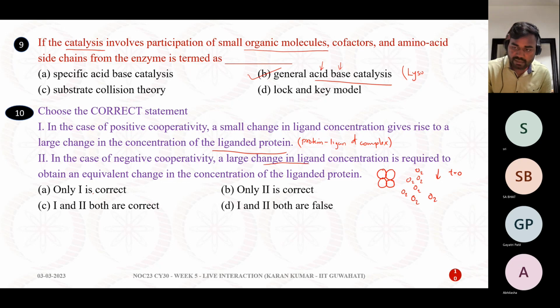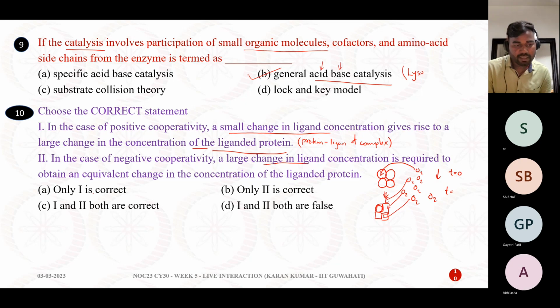But once oxygen is bound to one subunit, it will make conformational changes in the protein, and then rapidly enhance the binding of oxygen to another binding site. So a small change in concentration will give rise to a large change in the concentration of liganded protein. Positive cooperativity tells about this. So statement 1 is correct.